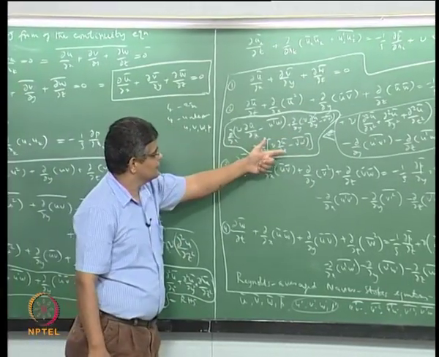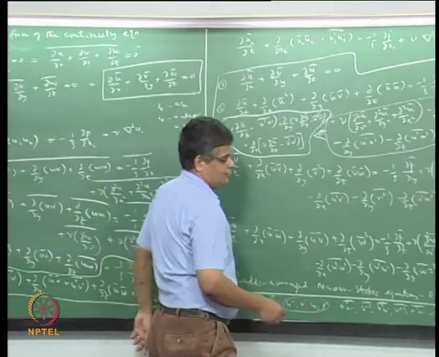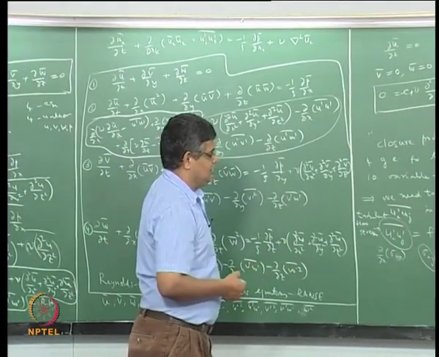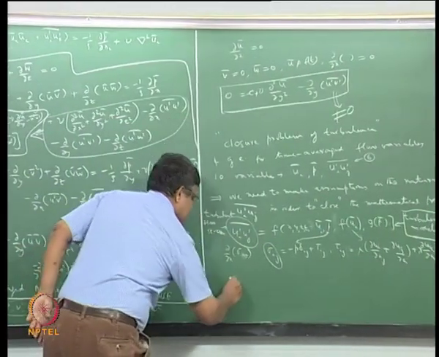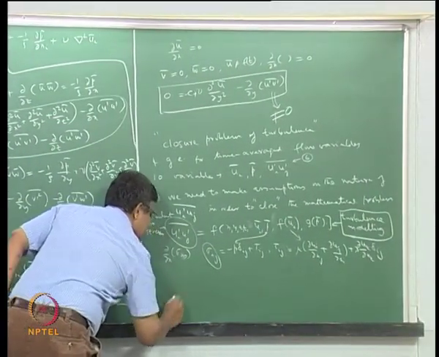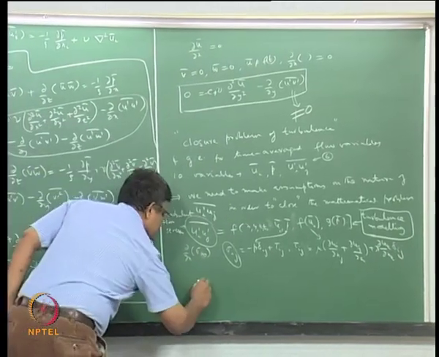So it is because of this that the first turbulence modeling which was proposed for this was by Boussinesq, and that is in 1875 or so.